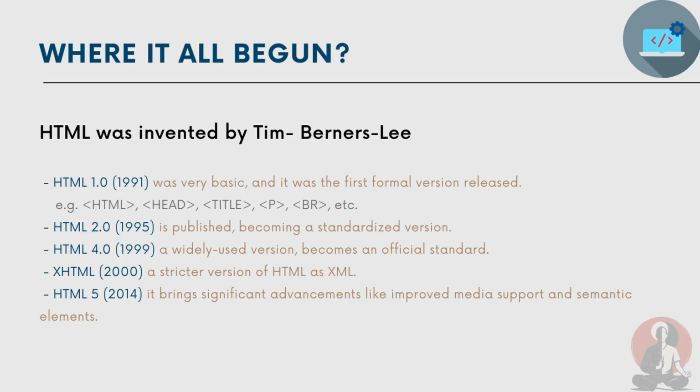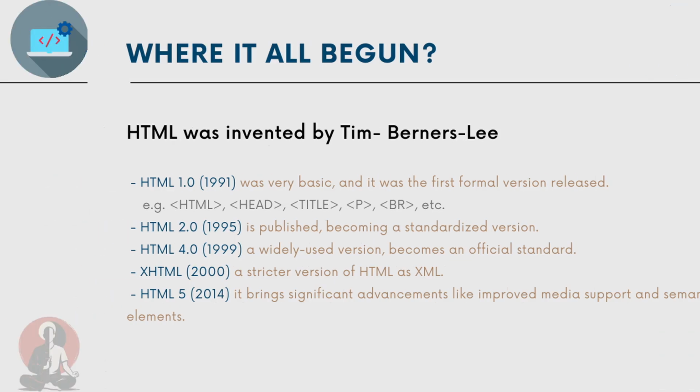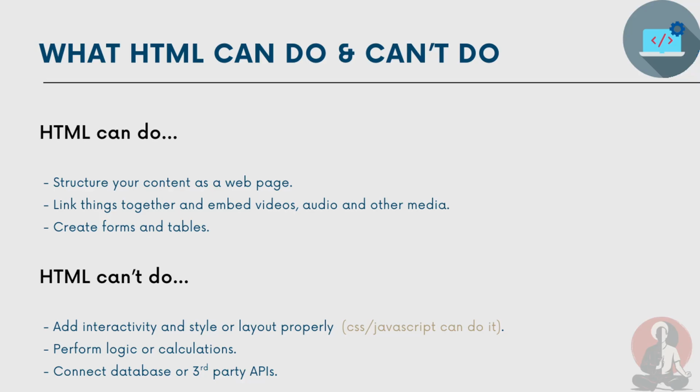In 2000, XHTML, a stricter version of HTML based on XML, was released. And then the latest version, HTML5, was released in 2014, which brings significant advancements like improved media support and semantic elements.